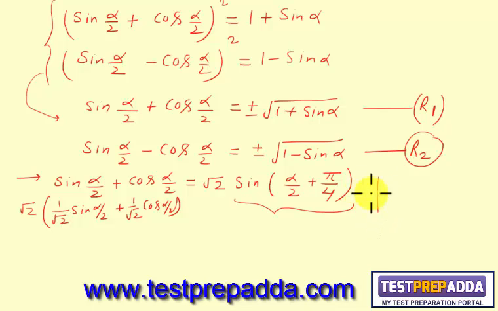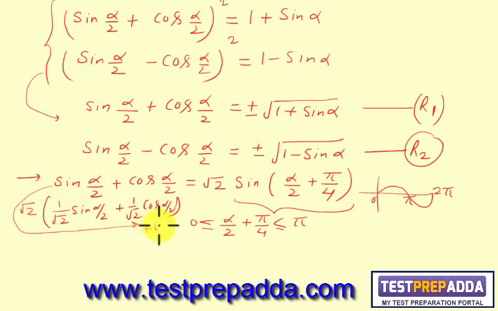And recall the graph, 0 to pi and then pi to 2 pi. So if alpha by 2 plus pi by 4 has a value between 0 and pi, then this expression, or you say relation 1, will be positive.